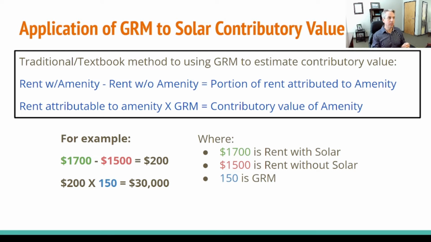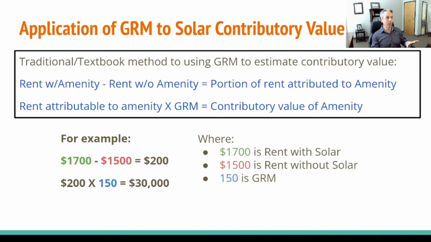And that would be to take the rent with whatever amenity you're studying, the rent without the amenity, and the difference would then be the portion of that rent which is attributed to having the amenity. Very straightforward, makes sense. Then you take that rent attributable to the amenity, multiply it by your GRM, voila, there's your contributory value of the amenity.